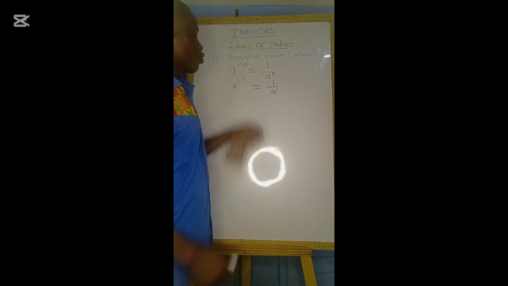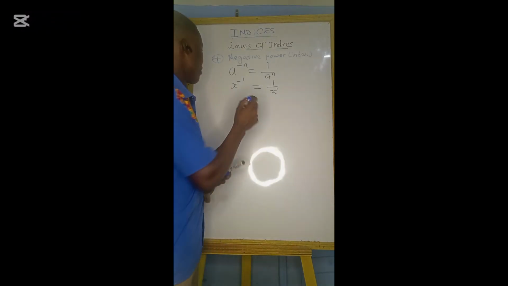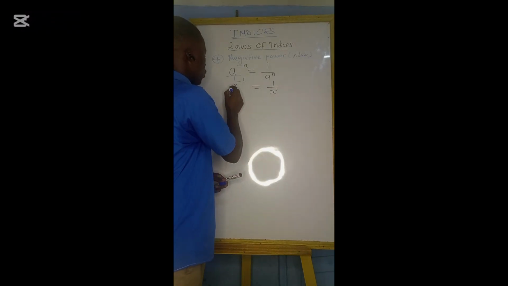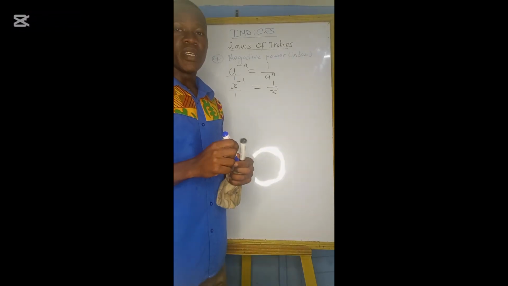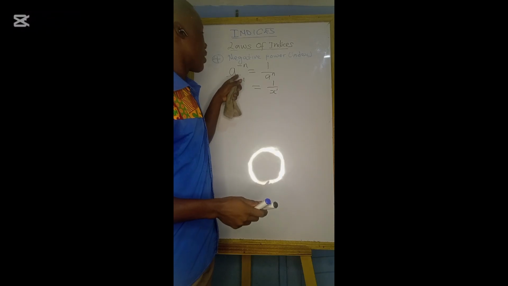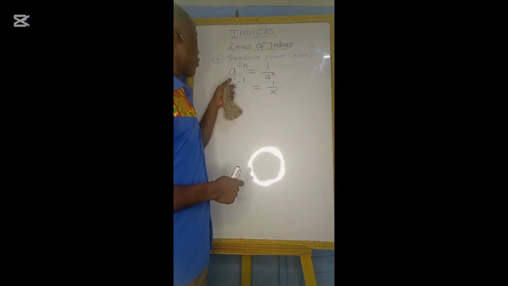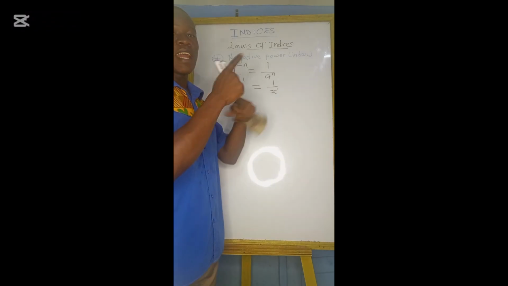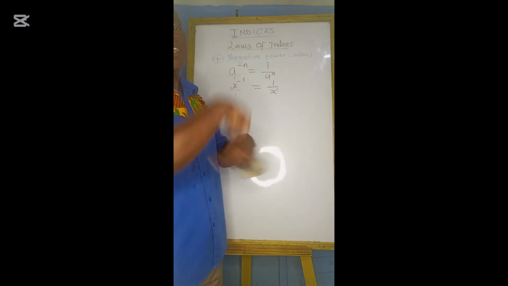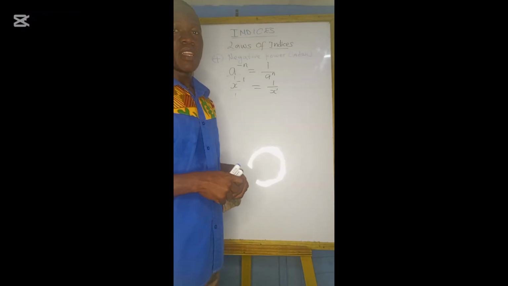So here, you know that any number standing alone is over 1. That is, in mathematics, any number standing alone has a denominator of 1. So here, a is a over 1 raised to the power n. A reciprocal of this means turn the number upside down. What number is down, make it come up, and what number is up, let it come down. And that is the reciprocal.